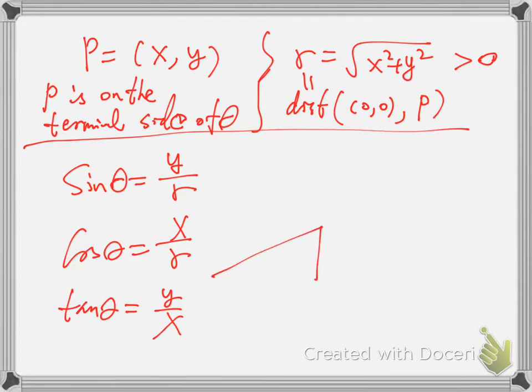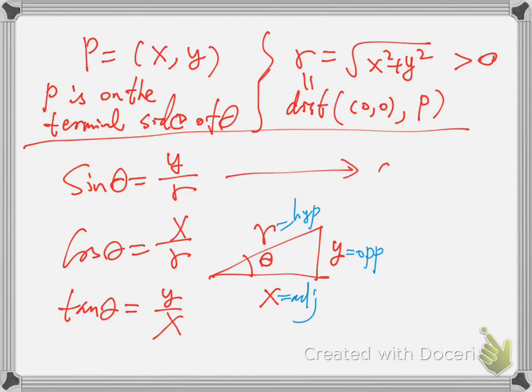So the picture looks like this. This is x, this is theta, this is y, this is r. So opposite is y, adjacent is x, and the hypotenuse is r. And then we flip them.